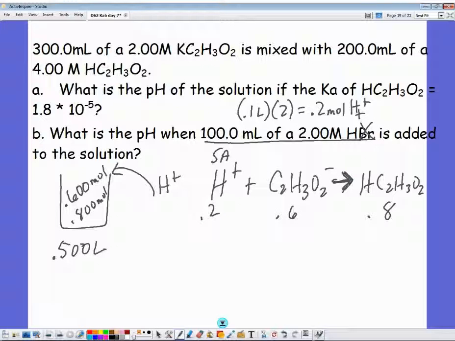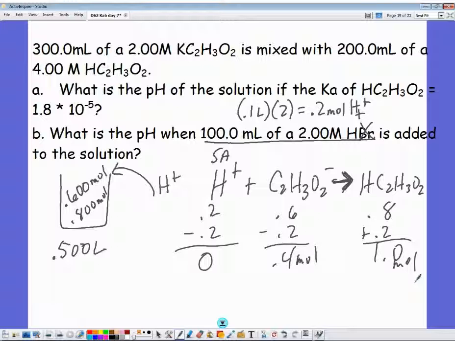A one arrow reaction. That means the reaction keeps going until the limiting reactant is used up. Who's my limiting reactant? H+, because it's a smaller value. 0.2 is subtracted from that side. 0.2 is added to that side. You get 0, you get 0.4, you get 1.0 moles.